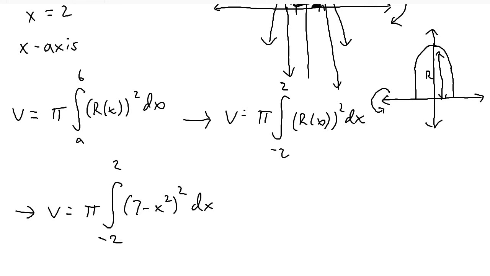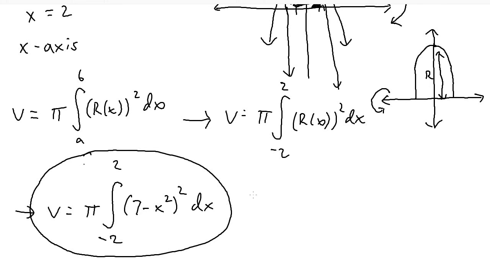I won't antiderive this by hand, but this is what you plug into your calculator. I plugged it in and got 2012 pi over 15 units cubed as the exact answer.